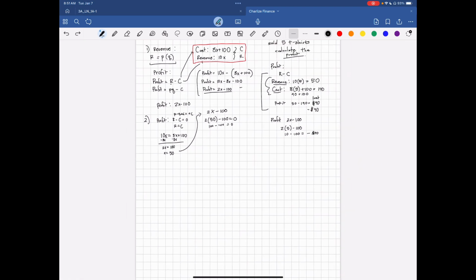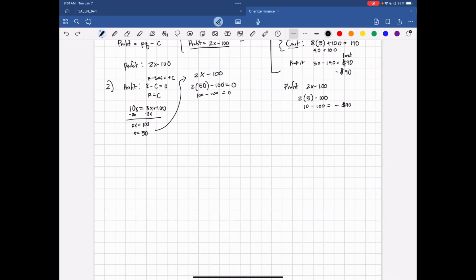The next thing now is doing it the long way as well. Actually, this was the long way.